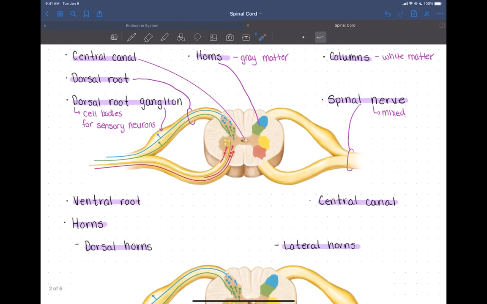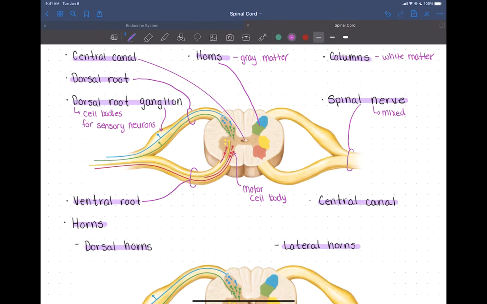Our motor neuron cell bodies typically are going to be located in one of these horns on the ventral part of the spinal cord. This would be the motor cell body. We'll talk about what that horn is called in a minute. It sends its axon out through this structure here, which is called the ventral root.